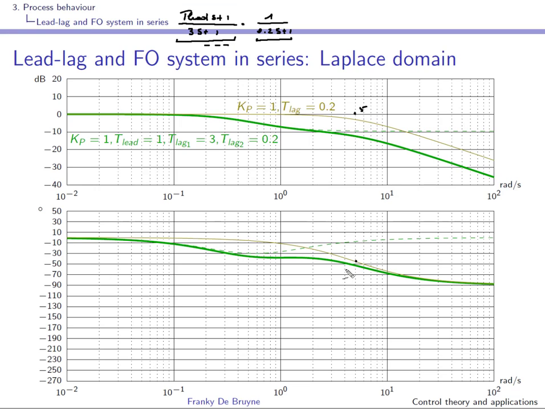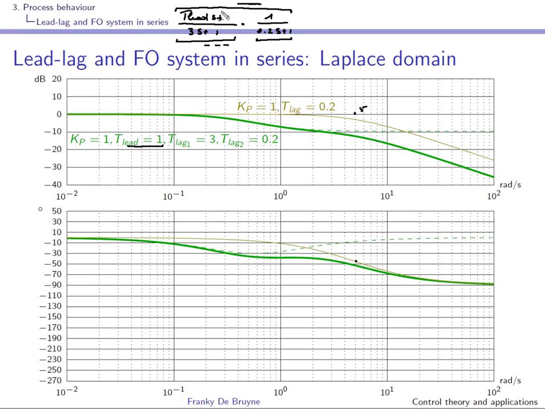So what you have to do to consider the frequency response of the overall system is to add both responses. This will be given here in full line. Here we have the situation for t lead equal to 1.